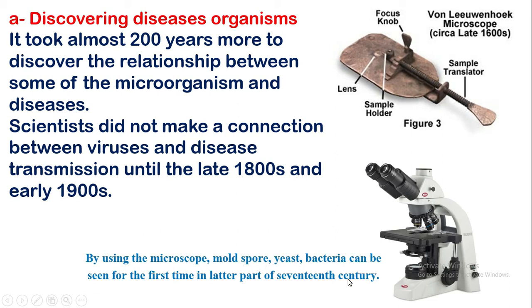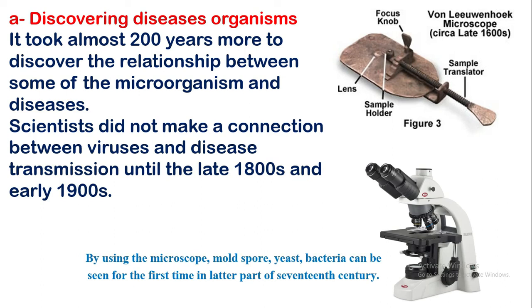In the 17th century, by using the microscope, we could observe these organisms for the first time. But it took almost 200 more years to discover the relationship between some of the microorganisms and disease. And scientists did not make a connection between microorganisms and disease transmission until the late 18th and early 19th century.